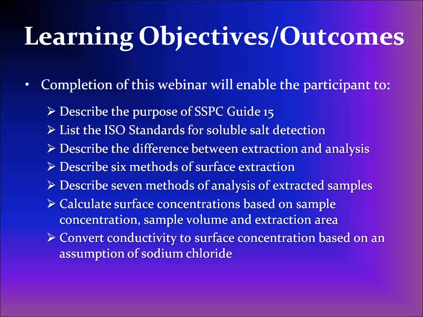Describe 6 different methods available for extracting a sample and 7 different methods for analyzing the sample. Be able to calculate surface concentrations based on the concentration of soluble salt in the collected sample, the sample volume, and the size of area where the extraction occurred. And finally, be able to convert conductivity to surface concentration.